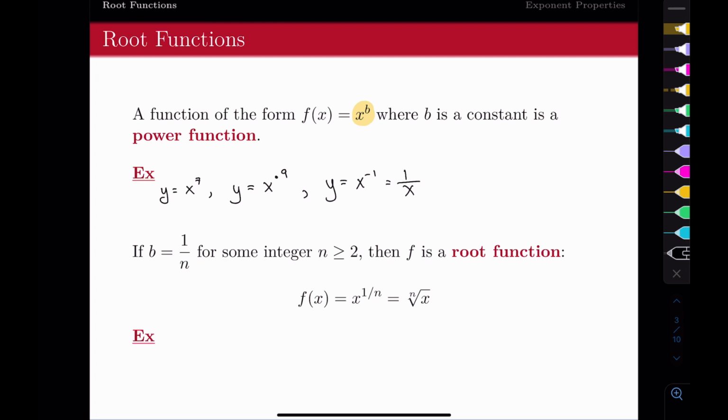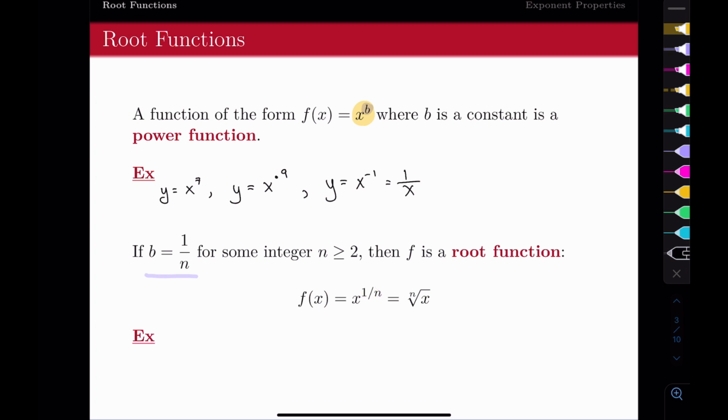What we're actually going to be concerned with is a very specific type of power. So if instead this value up here of b can be written as the fraction 1 over n, then it's called a root function. So if we have x to the 1 over n, it is the same thing as saying the nth root of x.